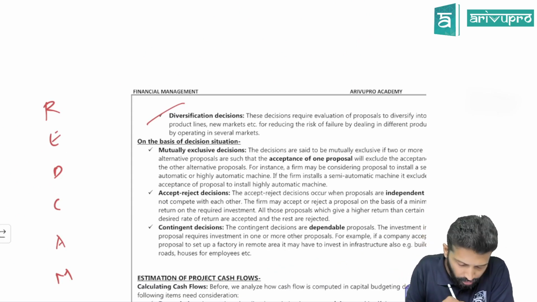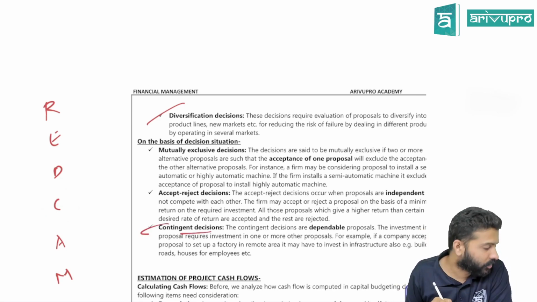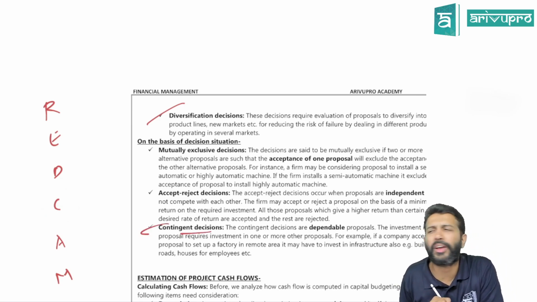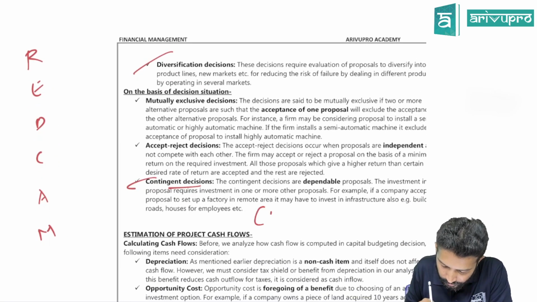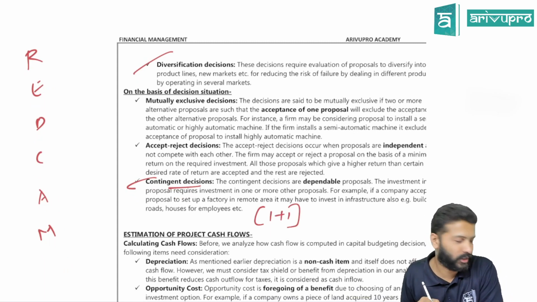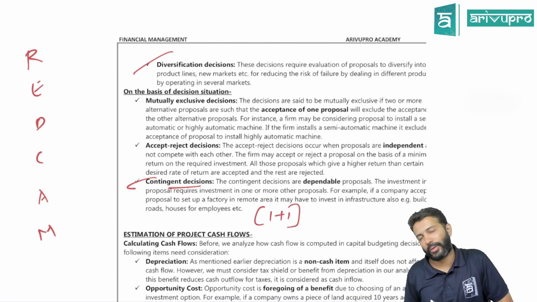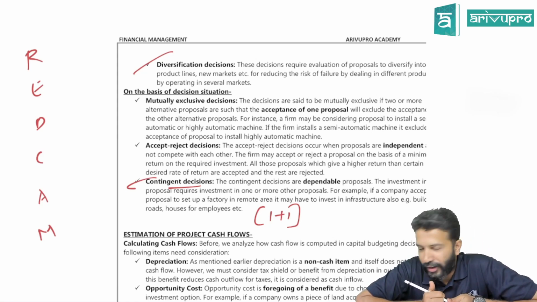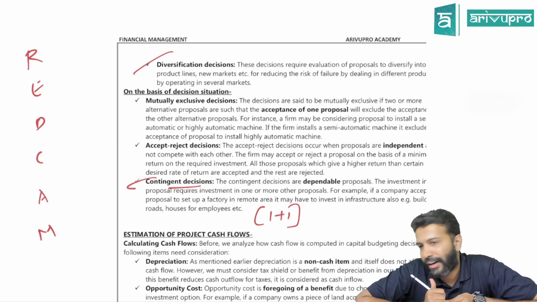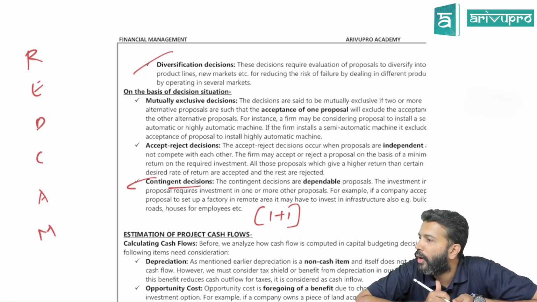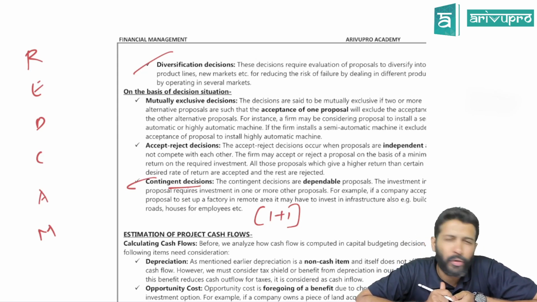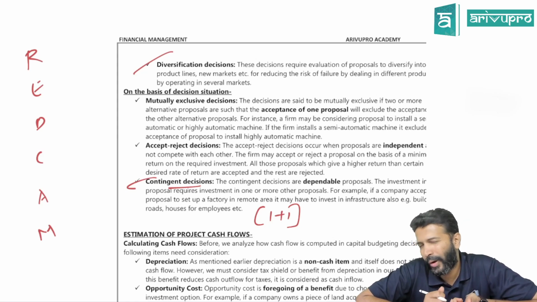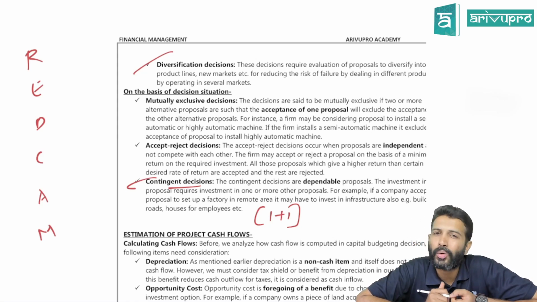C is your contingent decision. Contingent decision means 1 plus 1 offer. Sir, what is this 1 plus 1 offer? Okay. We want to give live online classes now. But unfortunately, it's quite possible that some students may miss out on some classes due to our electricity board or our internet.